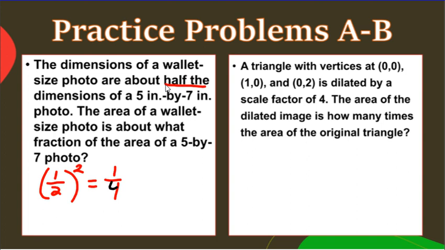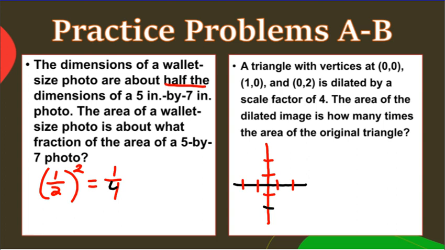Next one, a triangle with vertices at 0, 0, 1, 0, and 0, 2 is dilated by a scale factor of 4. The area of the dilated image is how many times the area of the original triangle? Now to help us out with this, it might be easier just to draw a coordinate plane. So then we can draw our triangle.